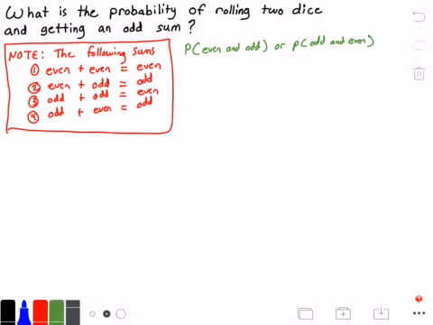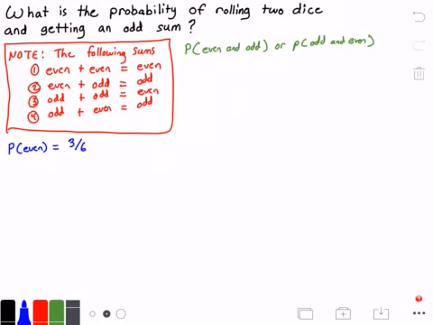So we need to calculate this probability. I'm going to change my color again, and let's figure out the probability of getting an even number by itself. So I'm going to put P of even, which stands for the probability of getting an even number. That, of course, is equal to 3 out of 6, because there are 3 even numbers out of 6 total possible values.